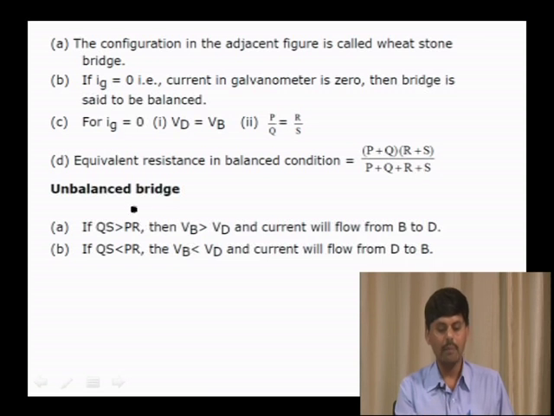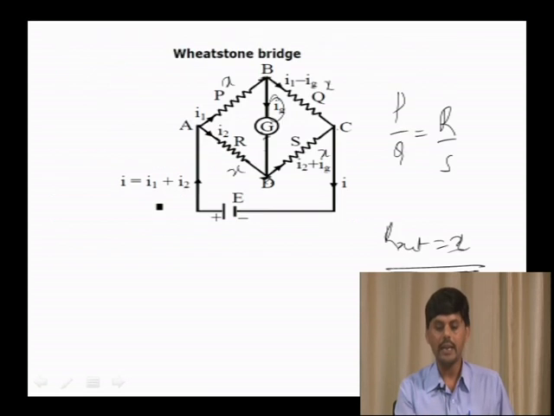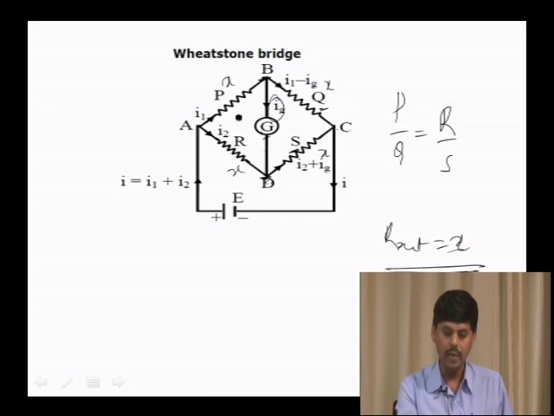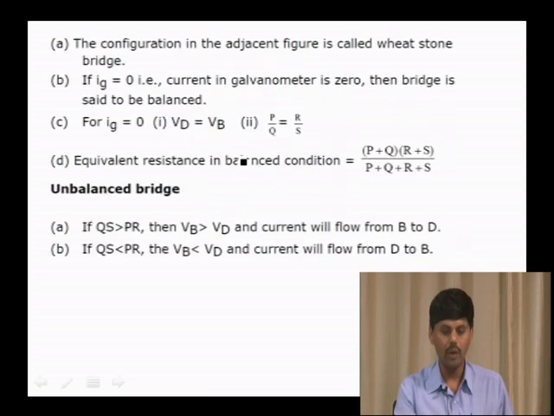Suppose the bridge is not balanced. See, this is the value of Q, this is the value of S. If you multiply these two, one thing, and multiply these two, the second thing, you observe this.